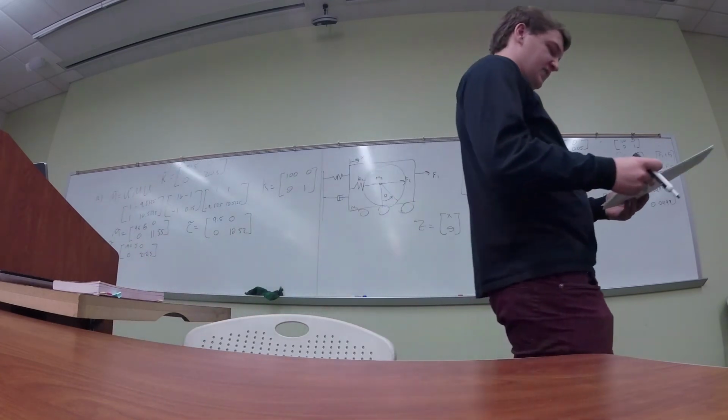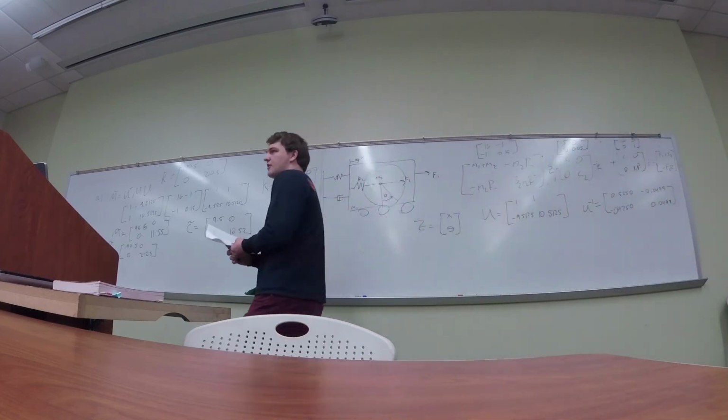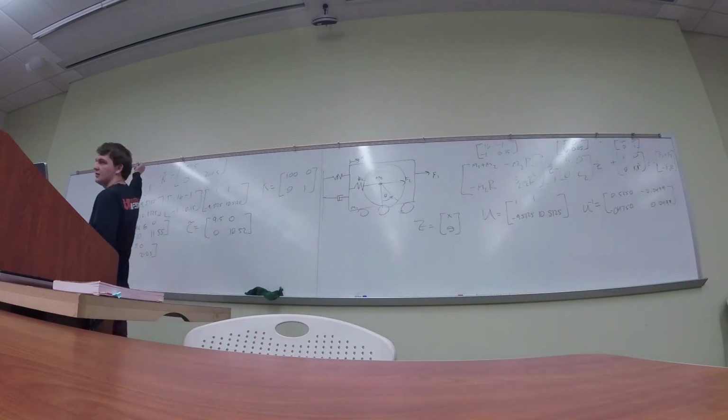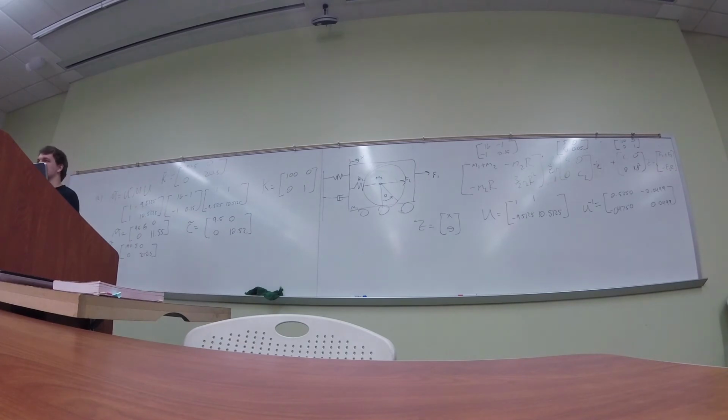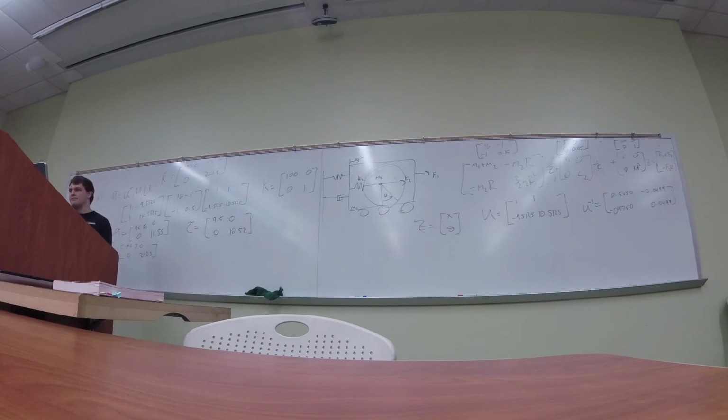So he kind of gives you this, and then now he says to solve for your natural frequencies. How do we solve for our natural frequencies given the modal matrix? Okay, so I see where you're going. You said K inverse M, or something along those lines.